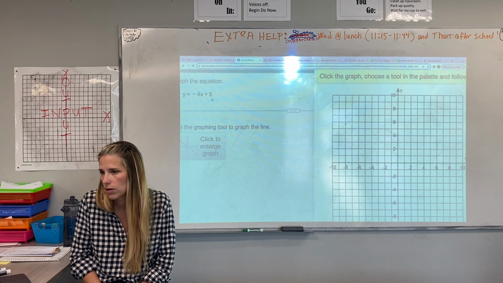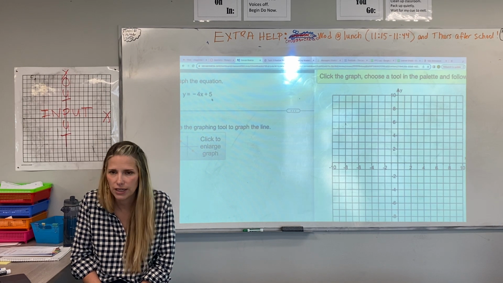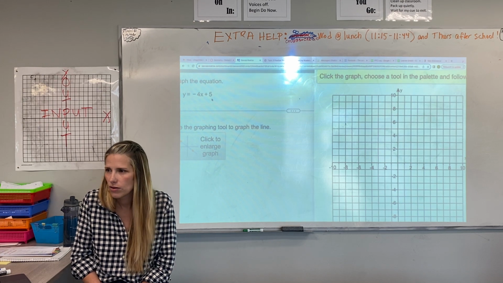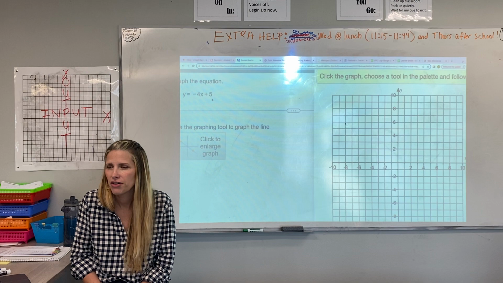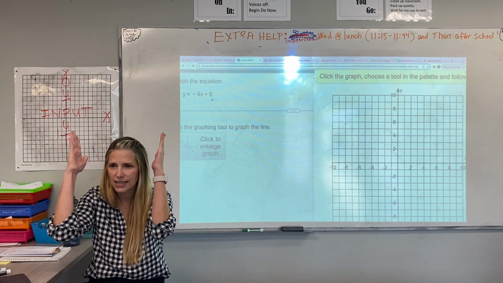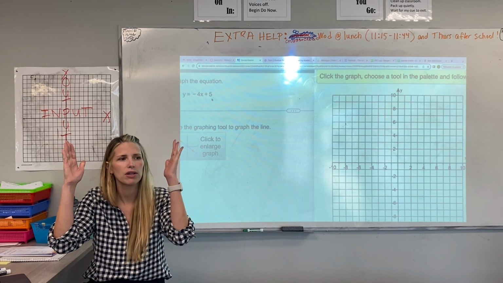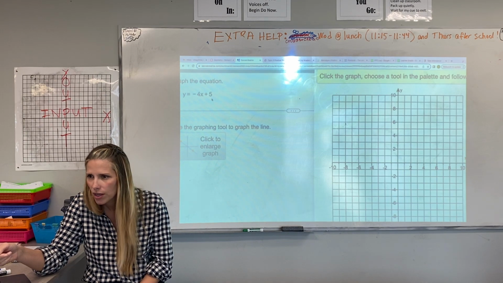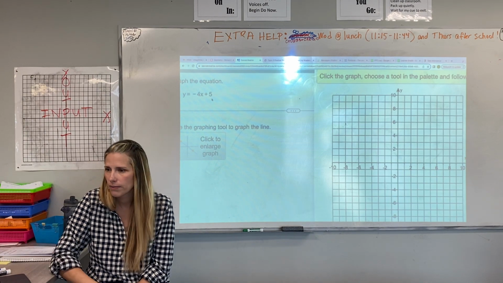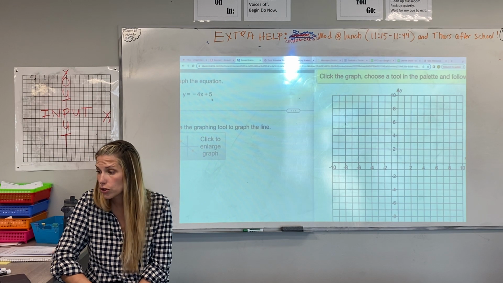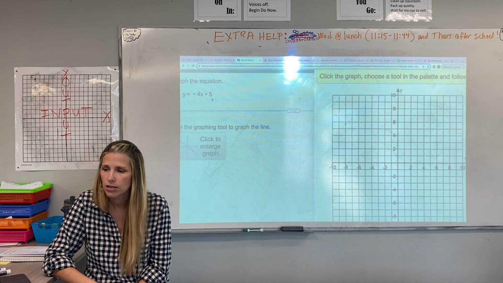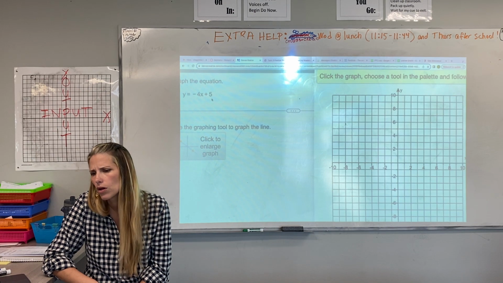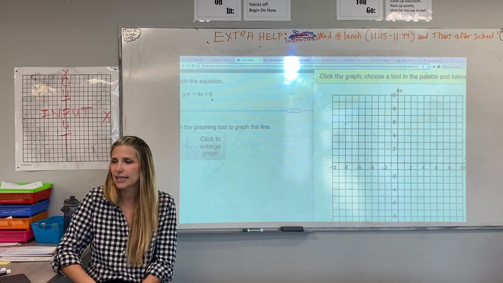You don't make the v because this is a linear equation. A v, an absolute value equation, has an absolute value symbol. If the equation doesn't have an absolute value symbol, it's not two lines.